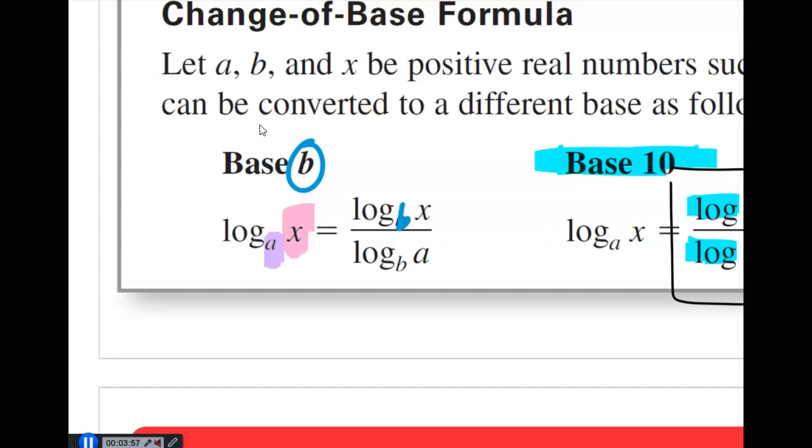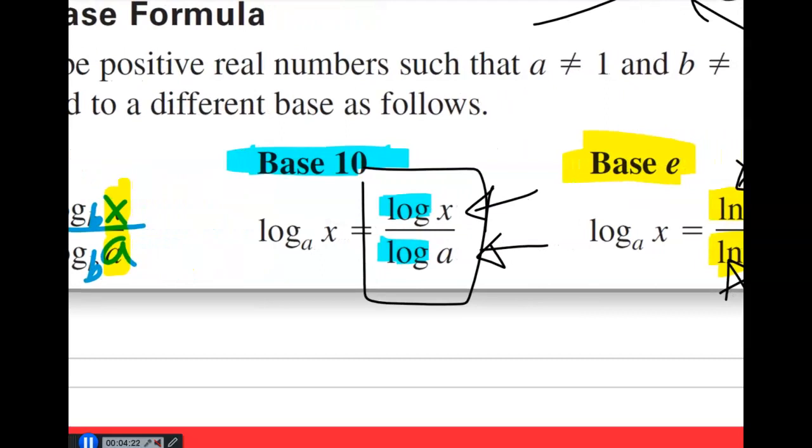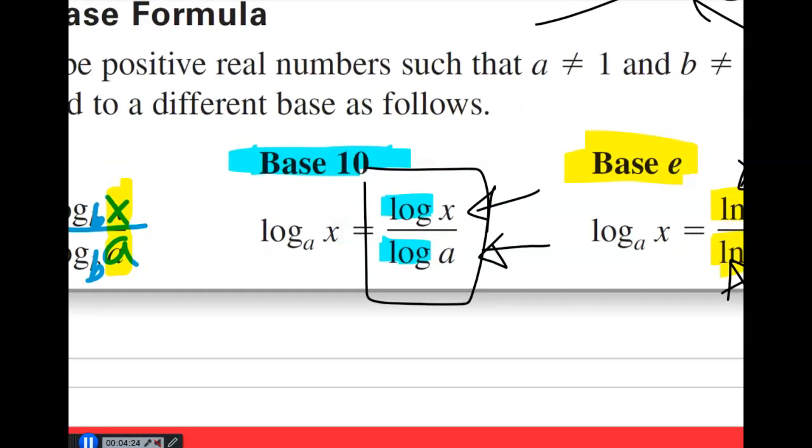And you could see it here and here. So you create a ratio where you take the log base b of x and divide it by the log of a base b. So what you're going to do is take the argument, which is the big quantity, and use the argument of the original logarithmic expression as the argument of the ratio of two logs.